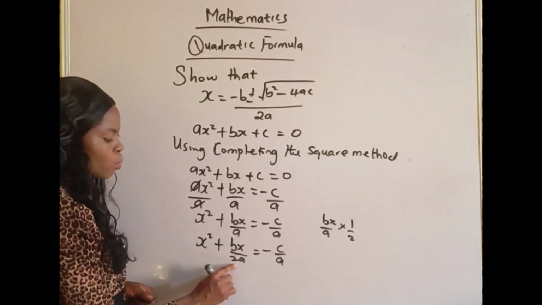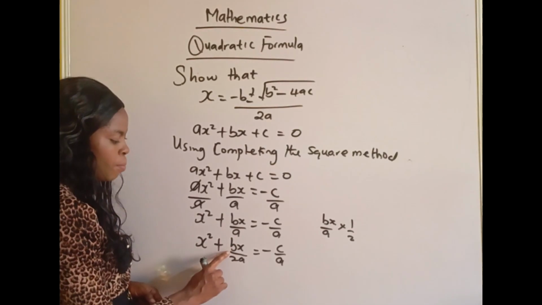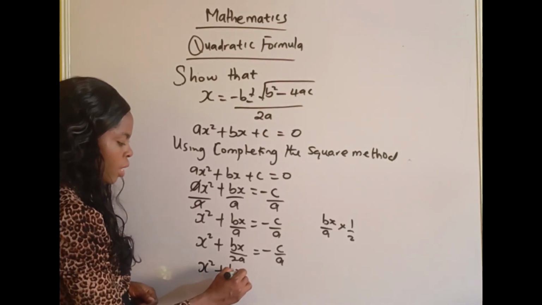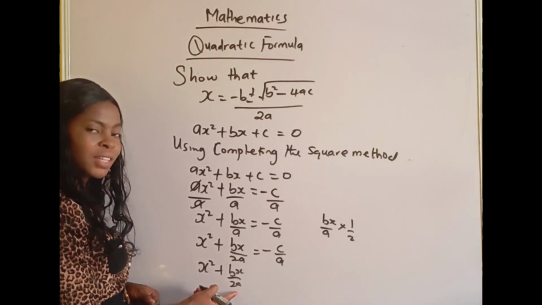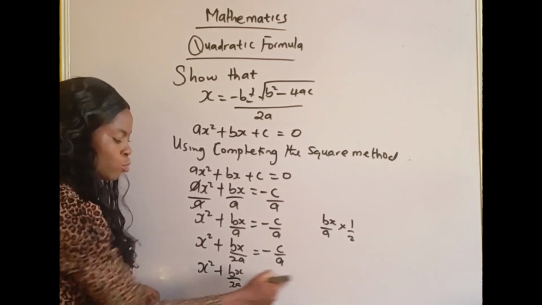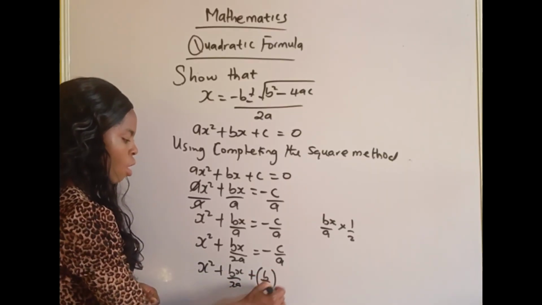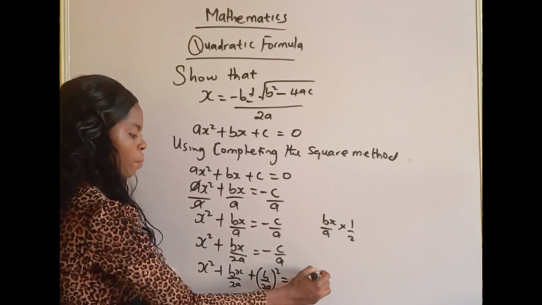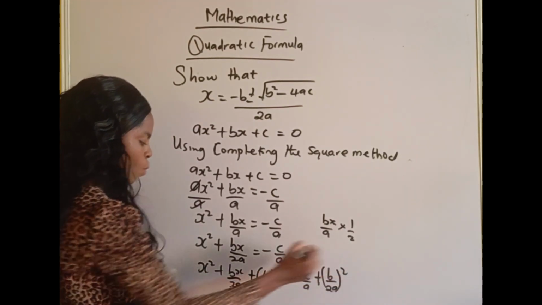You are going to take the square of the coefficient of x. What's the coefficient of x here? b all over 2a. So this is x squared plus bx all over 2a. Remember, you are taking the square of it, after which you add the square to both sides. So plus b over 2a all squared equal to minus c over a plus b over 2a all squared.